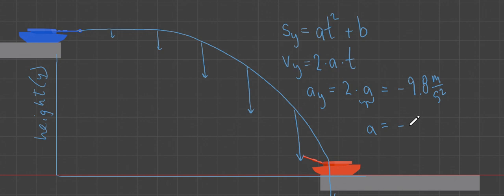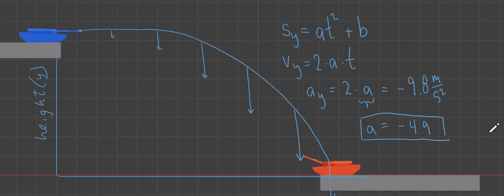We see that negative 4.9 is a. So we've actually found the first piece of the equation describing its position in the y direction. We've solved for this constant a.